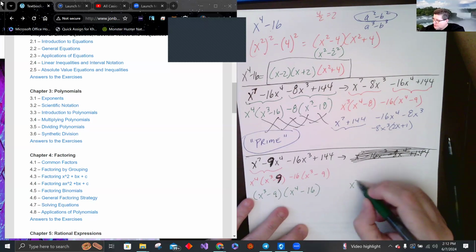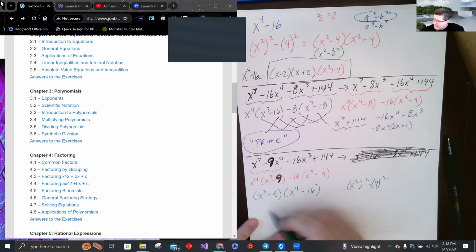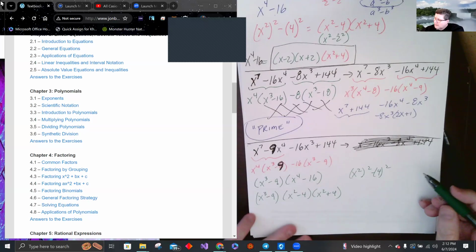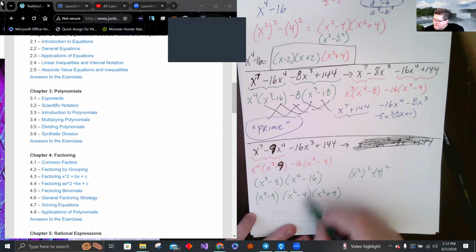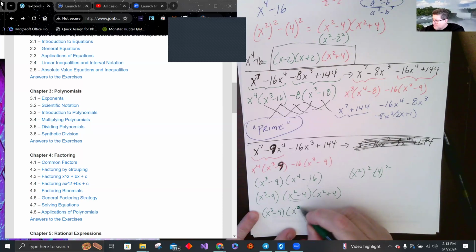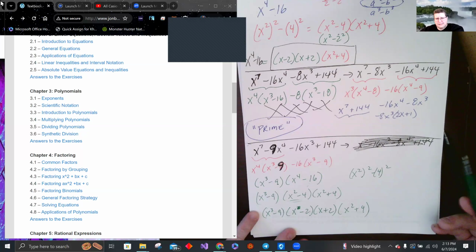This is x squared squared minus 4 squared, which means this is going to factor into x squared minus 4 and x squared plus 4. And finally, this factors more. That becomes x minus 2, x plus 2, because that's a difference of squares. All right.